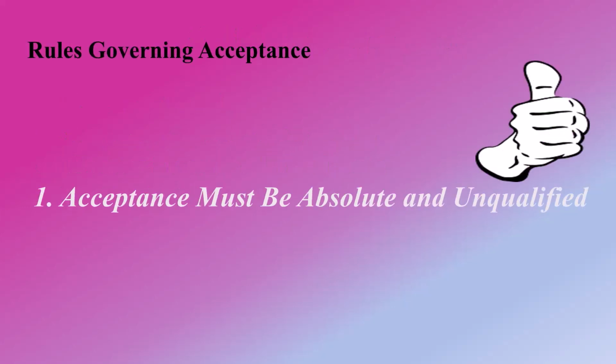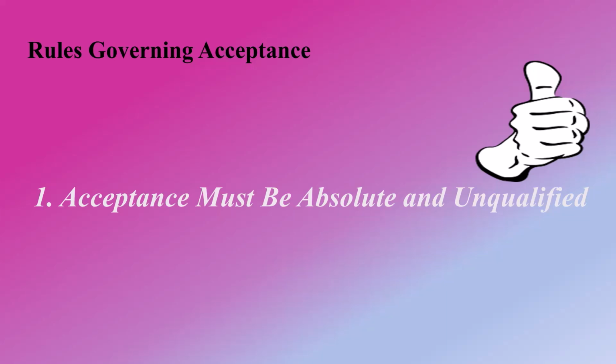Now let's have a look into the rules that govern acceptance. Acceptance is governed by a set of rules to ensure clarity and legality. The first rule is acceptance must be absolute and unqualified. The offeree must accept the offer exactly as it is without adding any conditions.